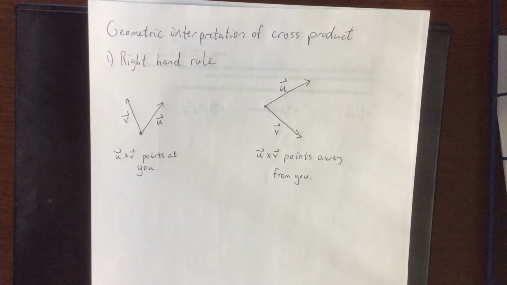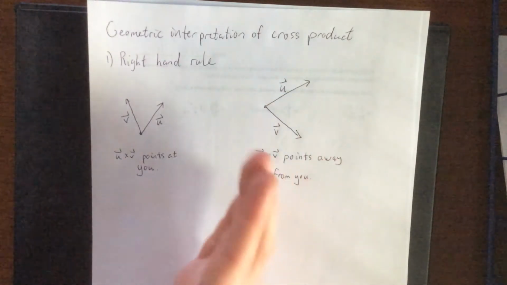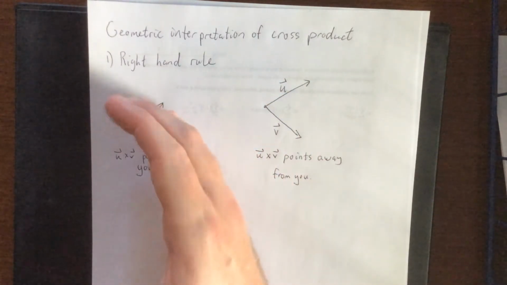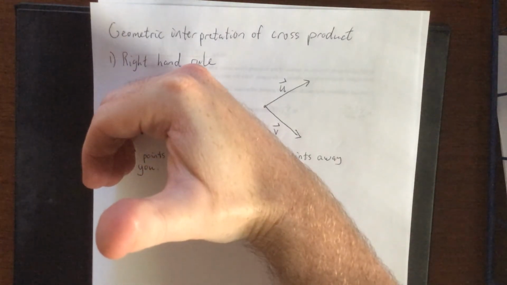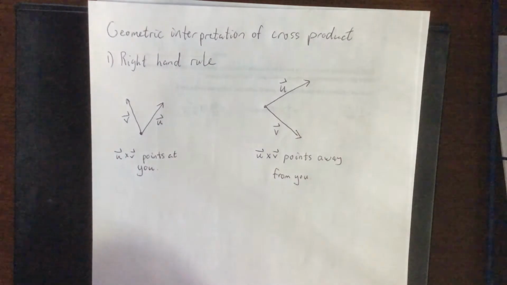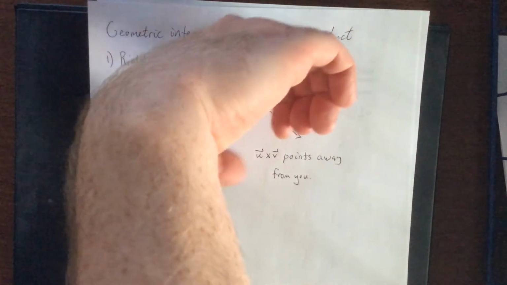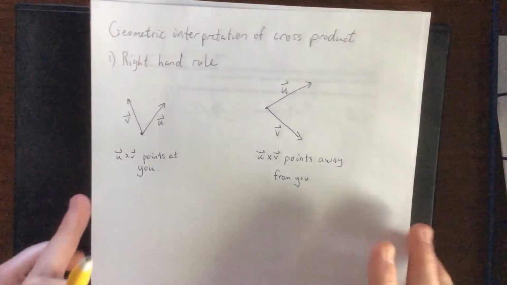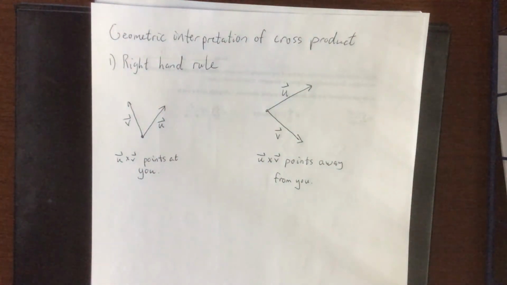Another way that the right-hand rule can work is rather than pointing, if you curl your fingers so that it would pass through the first vector, then the second vector, then once again the thumb dictates the direction. So in this case, if we curve through u and then through v, you'll notice that the thumb is pointing in the downward direction. This is really kind of complicated to do with just this physical space up here, but that's okay. So that is our right-hand rule.